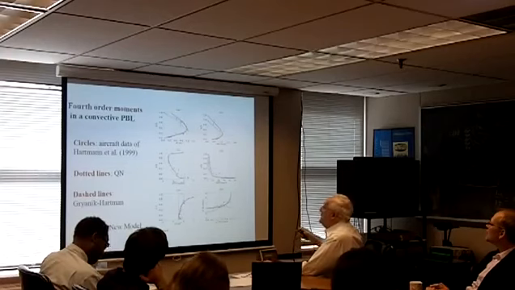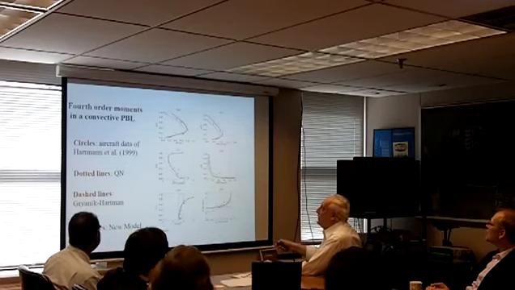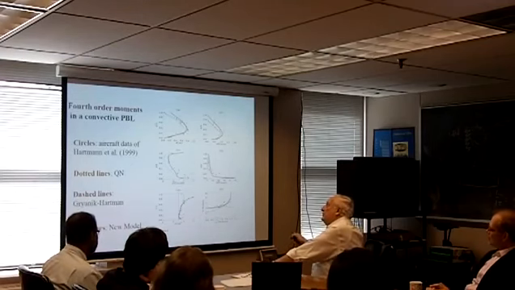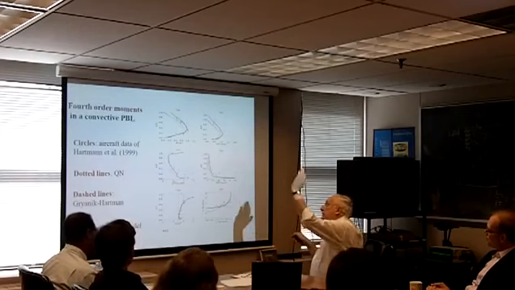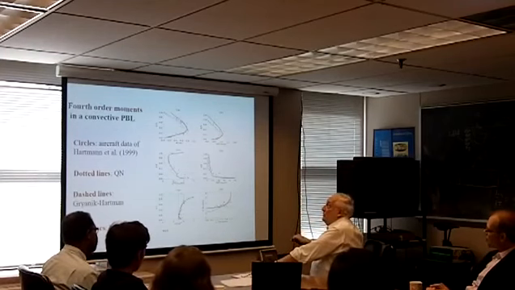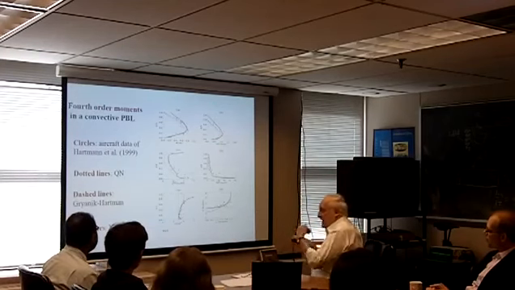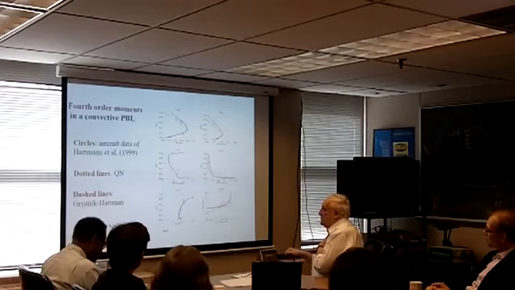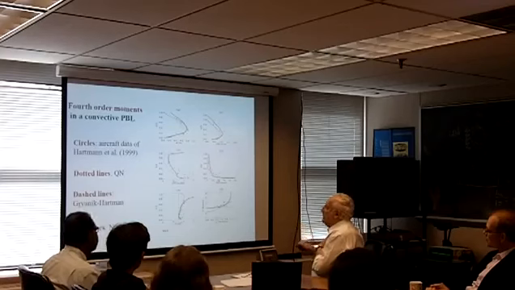There are a lot of fourth order moments. And fortunately, Harman and company in Hamburg measured this in a campaign in the north of Europe, measuring the fourth order moment in the atmosphere. Having this fourth order moment, we were able to construct our third order moment, and the solid line is our model.